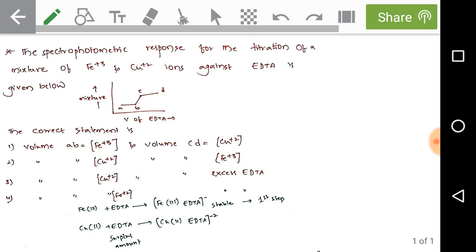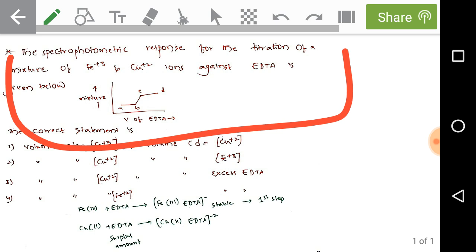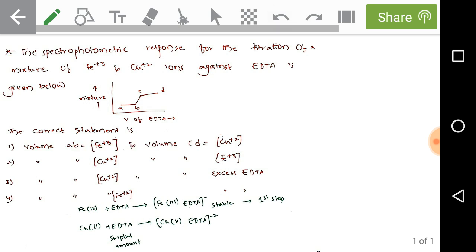Next one, the spectrophotometric response for the titration of a mixture of Fe plus 3 and copper plus 2 ions against EDTA is given below. So here in this complexometric titration, iron plus 3 is with impurities like copper plus 2, and whenever we titrate this mixture with EDTA, first iron plus 3 reacts with EDTA and makes a complex, which is more stable when compared with the EDTA copper complex.